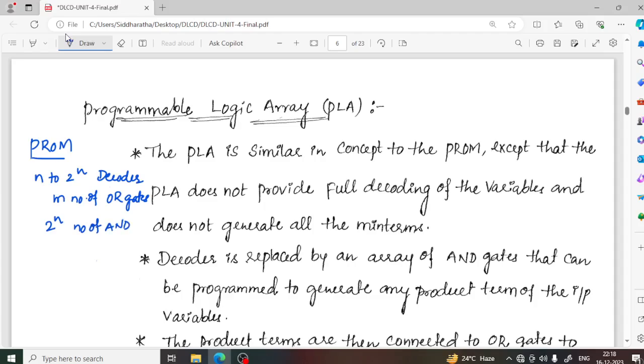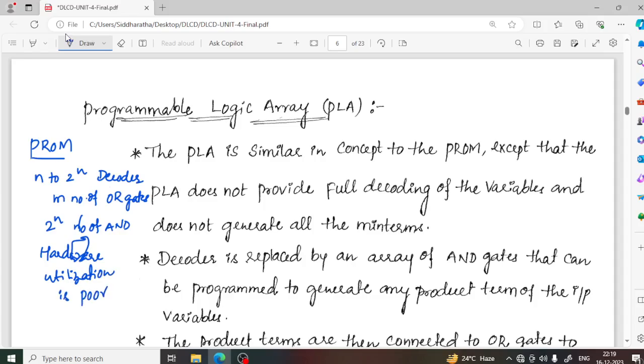To design our required logic, among the 2 power n number of AND gates, we may use only a few AND gates. From that point of view, hardware utilization is poor.